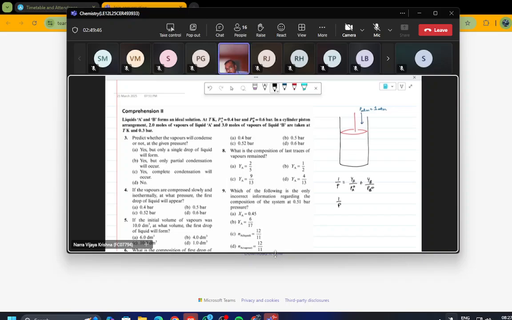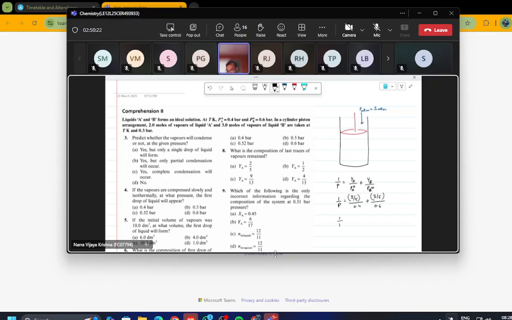So 1 upon P equal to, what is YA given? 2 upon 5, this is the number of moles of A, upon 0.4 plus 3 upon 5, that is YB, upon 0.6.